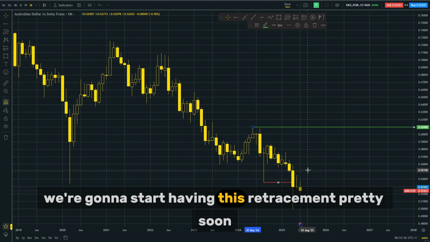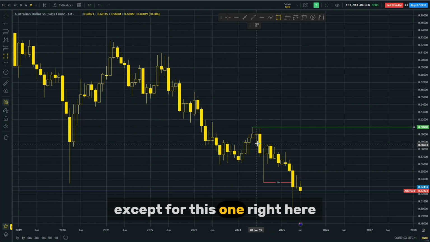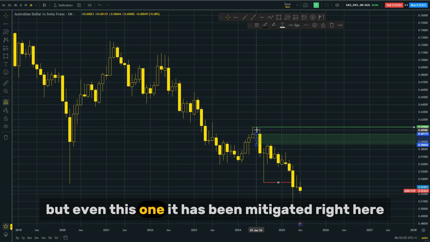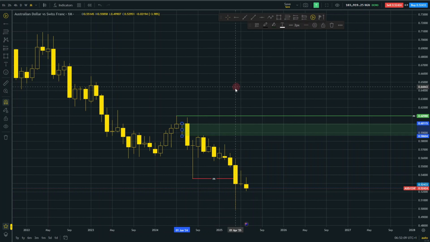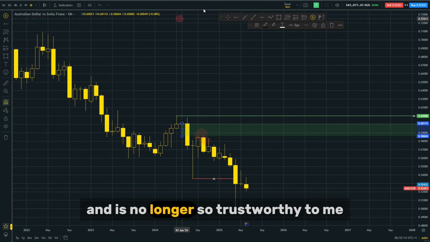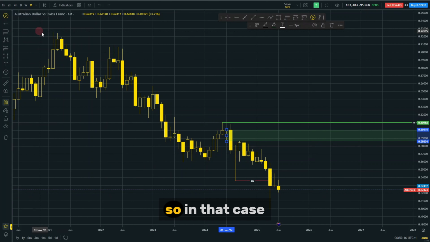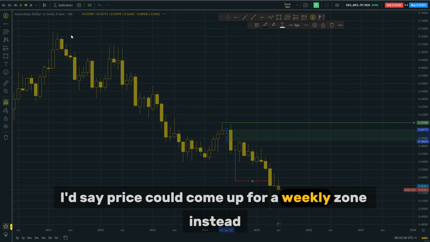We're going to start having this retracement pretty soon, but I can't find a good supply zone except for this one right here. But even this one has been mitigated right here by these two candles, and it's no longer so trustworthy to me. So in that case, I'd say price could come up for a weekly zone instead.